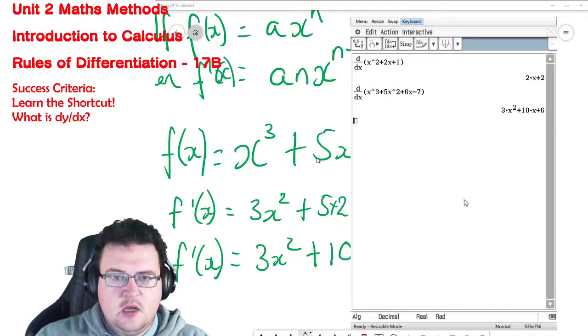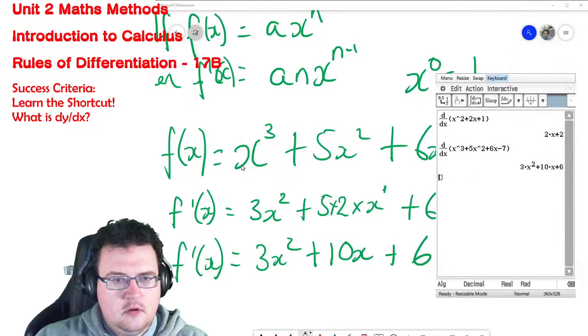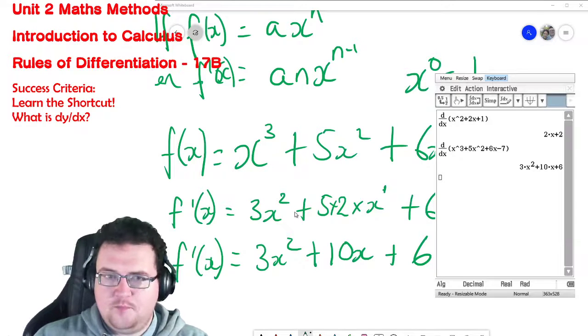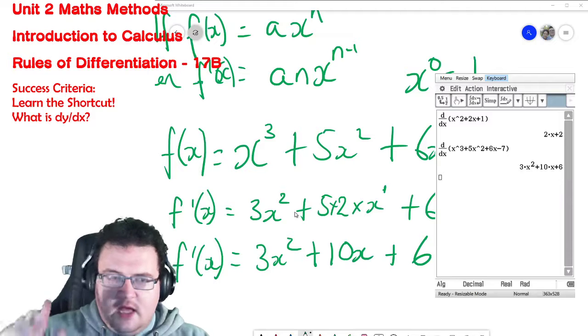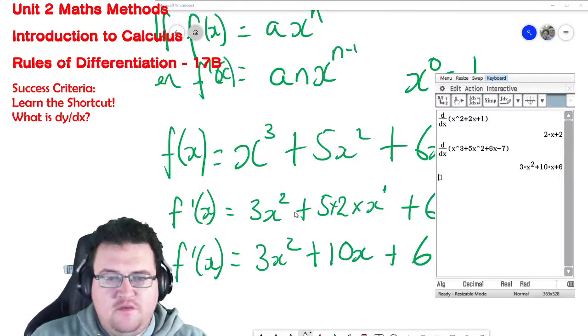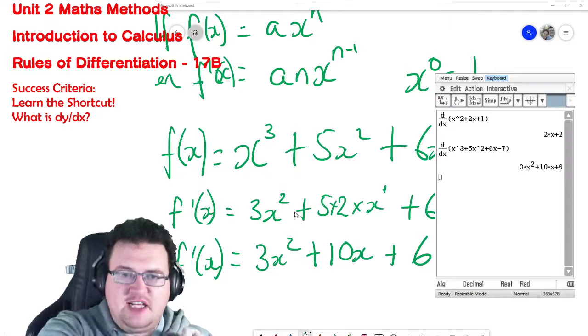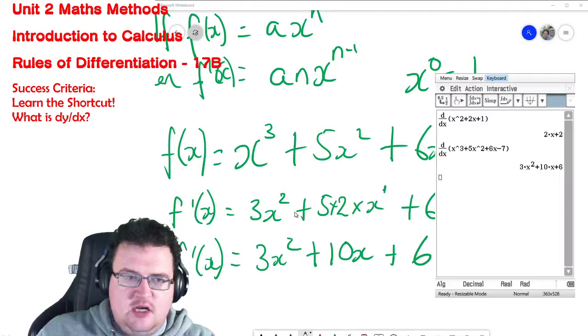And the answer is 3x squared plus 10x plus 6. Oh, would you look at that? Magic.